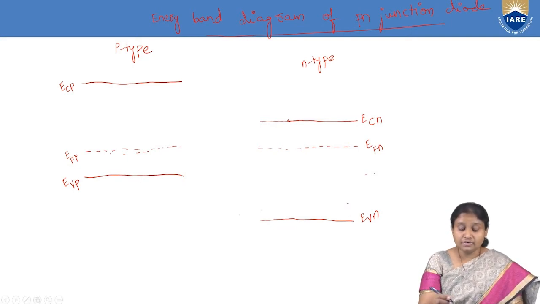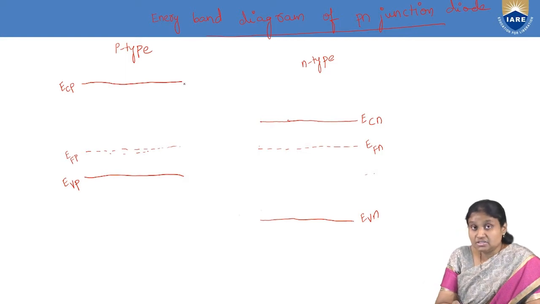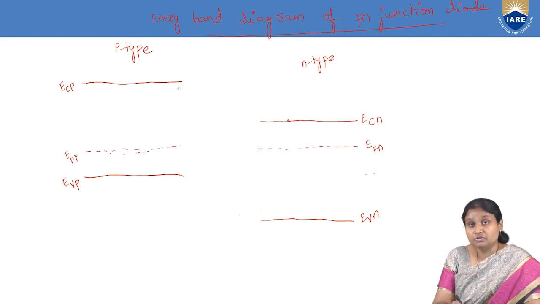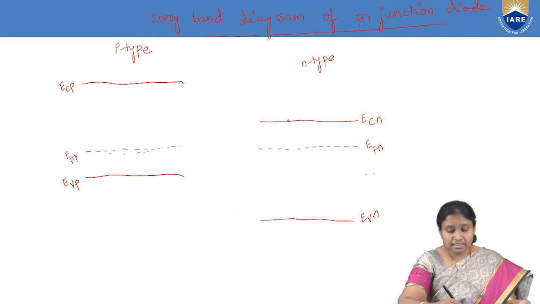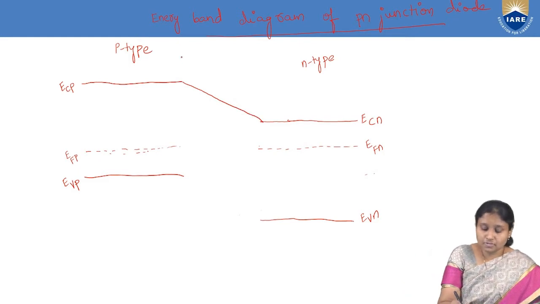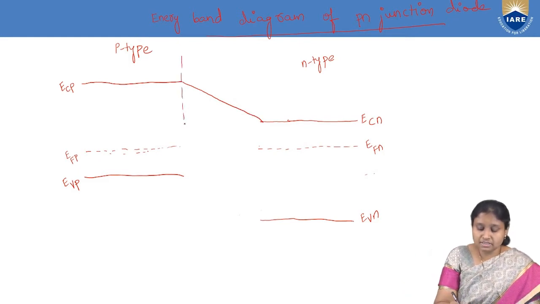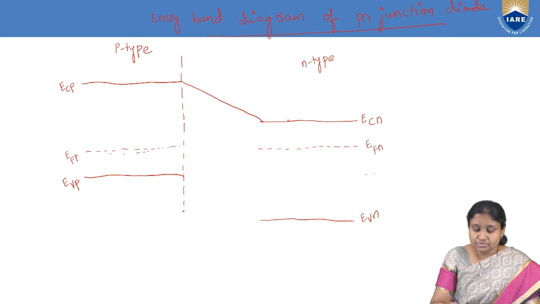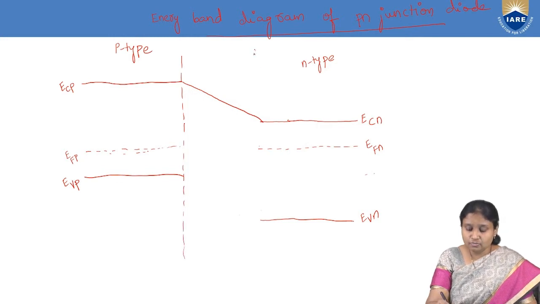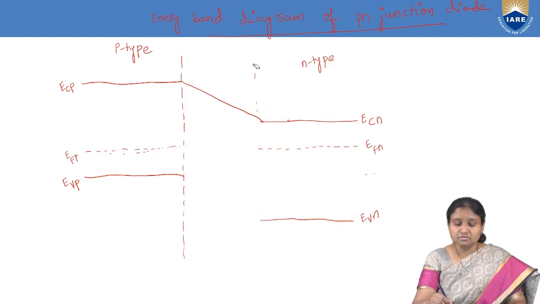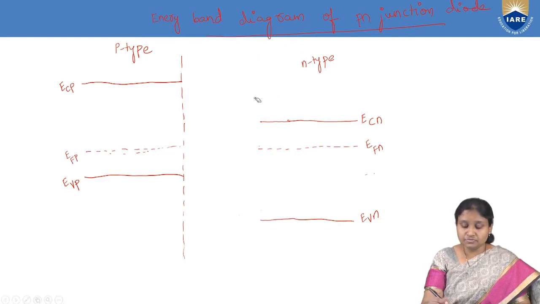Generally, once a p-n junction is formed, we know there is formation of a depletion layer. This depletion layer is denoted like this. As you can see here, we are trying to see where the depletion layer is once the p-n junction is formed. So we can make it out from this figure.